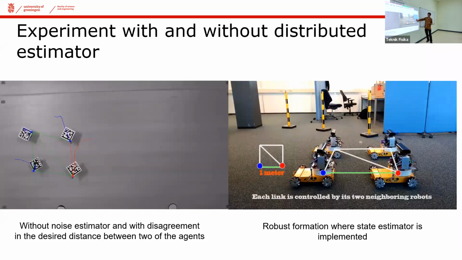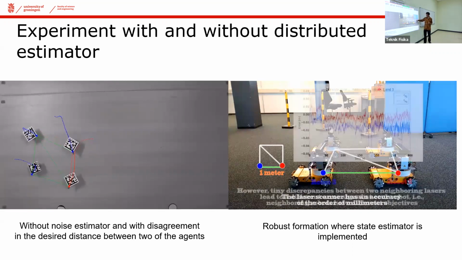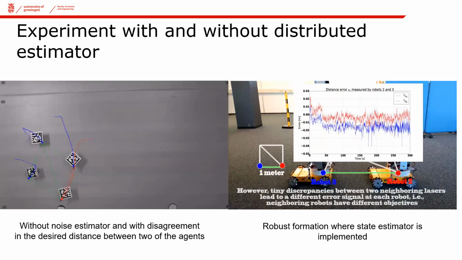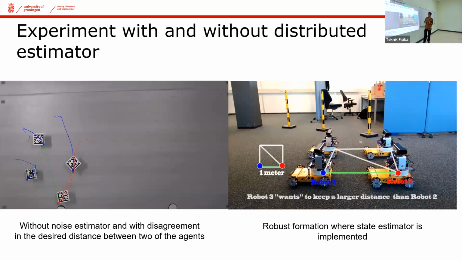The same happens on the right. The left one is using a small Epuck robot that we have. The right one is using the Nexus robot, and it is really using local measurements using LiDAR. In the LiDAR measurements, we have a small discrepancy of about 1 millimeter in some of the agents, and even a 1 millimeter discrepancy can introduce unwanted behavior.